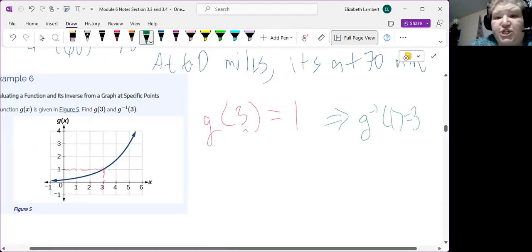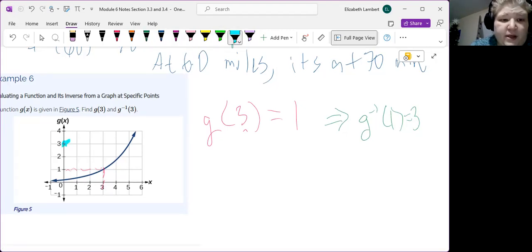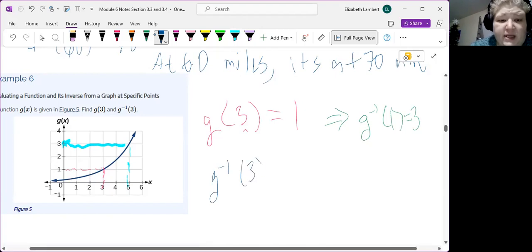All right. g inverse of 3 is a different place. So now g inverse is when 3 is the output. What is the associated original input? g inverse of 3 is 5.